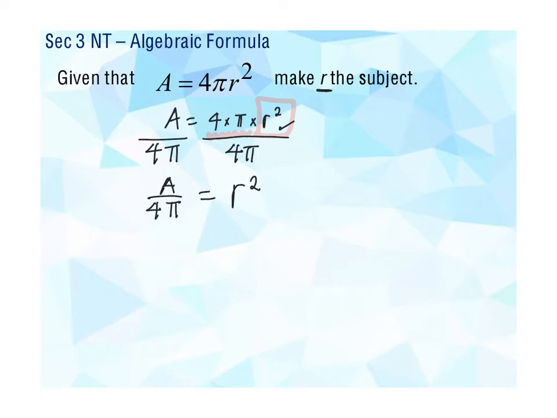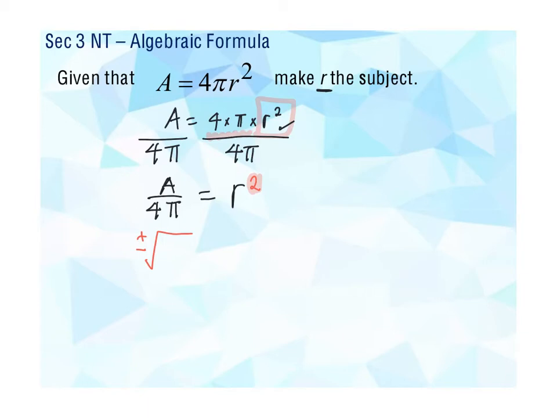Next, how do we get rid of r squared? The way to get rid of square is square root. But when we take square root, where will this square root appear? Will it be on r or on the left hand side? It will be on the left hand side. And when we take square root, we must remember that there will be a lock and key, plus or minus.